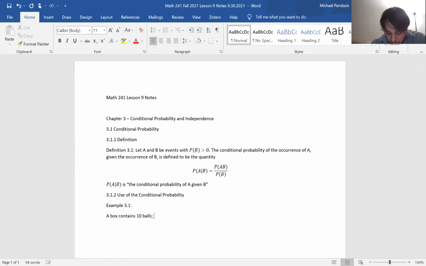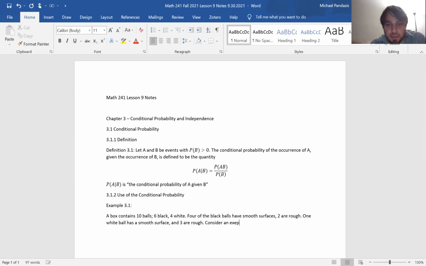A box contains 10 balls. 6 are black and 4 white. 4 of the black balls have smooth surfaces, and 2 are rough. One white ball has a smooth surface and three are rough.